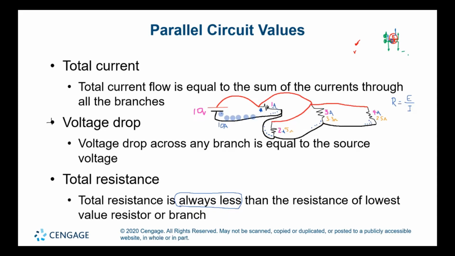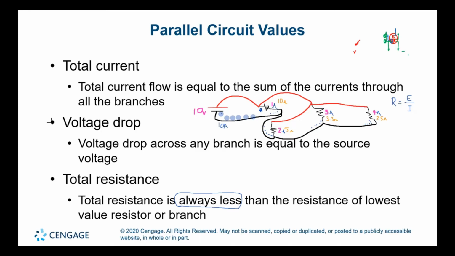And this one, of course, if I needed a calculator to do this one, I would be in trouble. So now you can see that we have the 10 ohms, 5 ohms, 3.3 ohms, and 2.5 ohms, right?